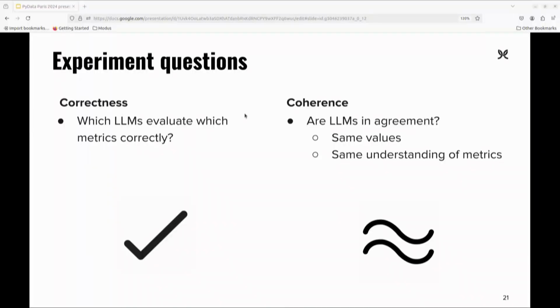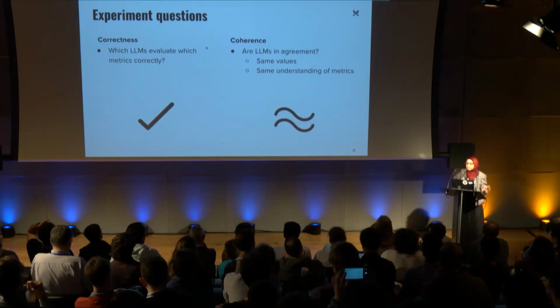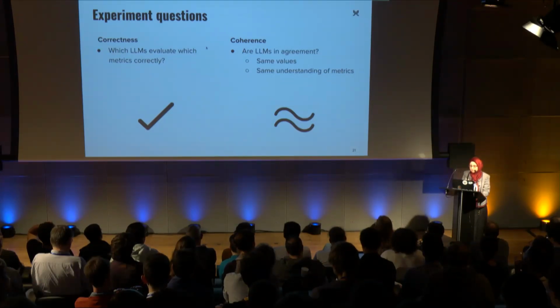And even if it's not correct, the second question is, regardless of whether the answer is correct or not, when I run different models as evaluators, do I at least have the same value for these metrics? So do I have at least some faith that whatever LLM I pick, I will get the same result? And I will start by answering this question first because it's easier to answer.